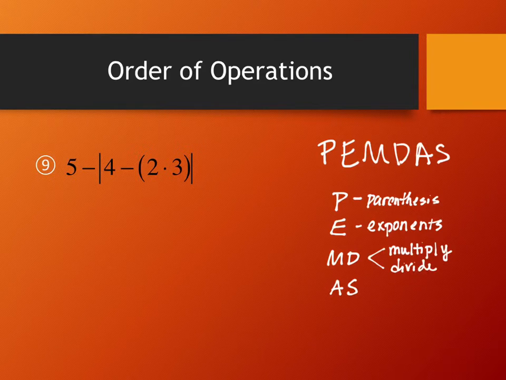And I'm going to remind you over here, it's left to right. It's not multiply first, divide second. It's multiply and divide from left to right. The same thing's true for addition and subtraction. So I'll write add, subtract. And again, it's from left to right.